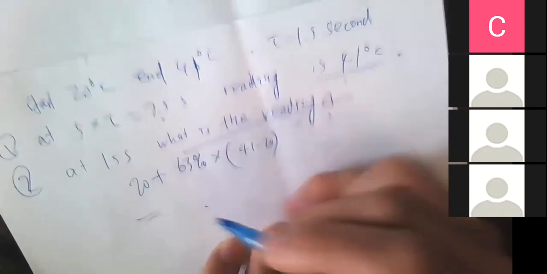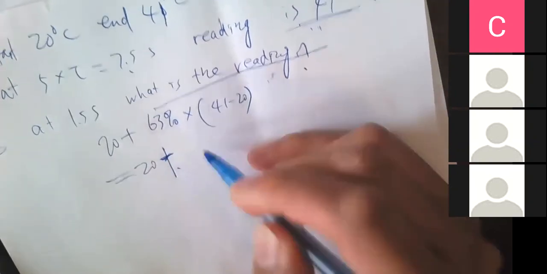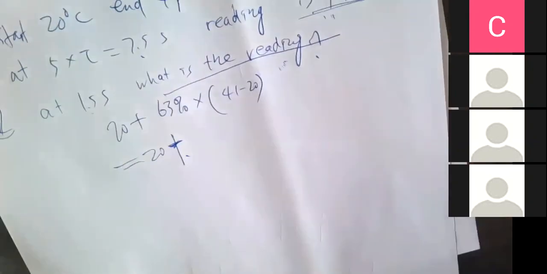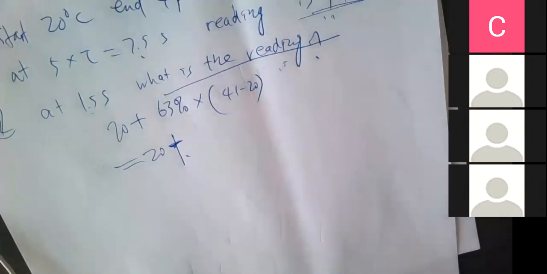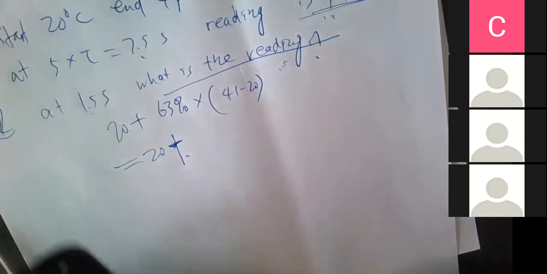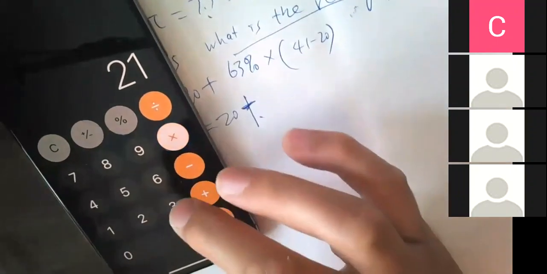So if we do the math, it will be 20 plus 21.